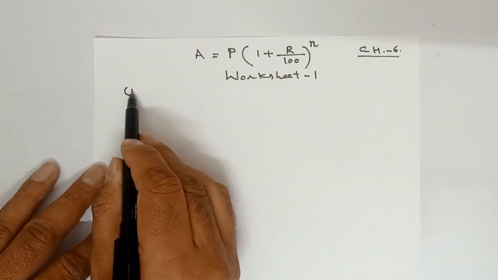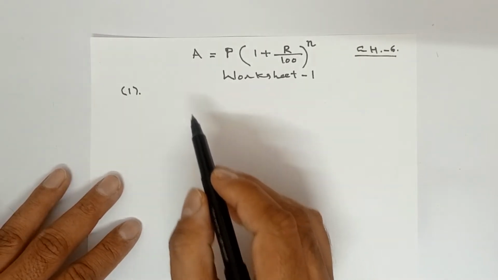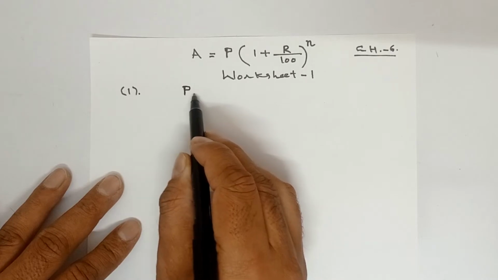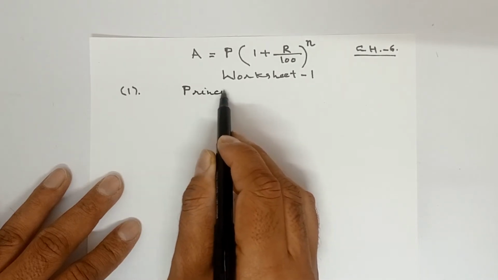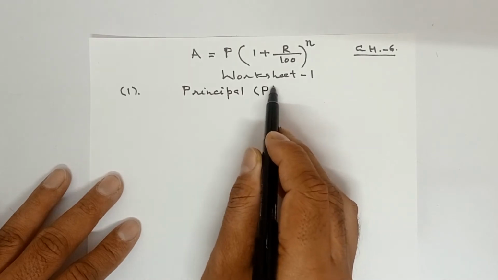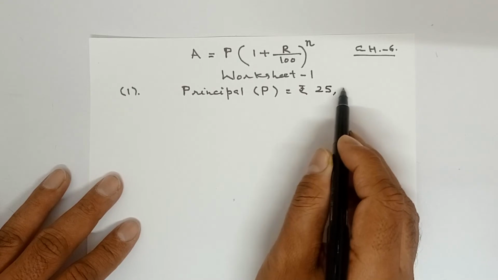So the solution of question number 1. I am reading the statement. Find the compound interest on rupees 25,000 at the rate of 12% per annum for 3 years. The 25,000 is called principal, and I am denoting that by P, rupees 25,000.